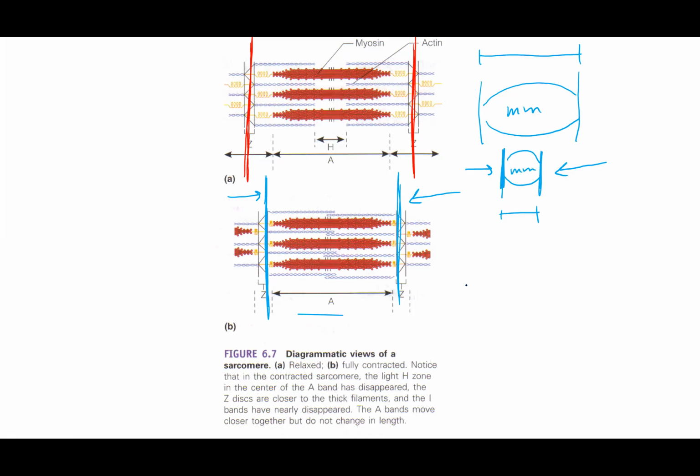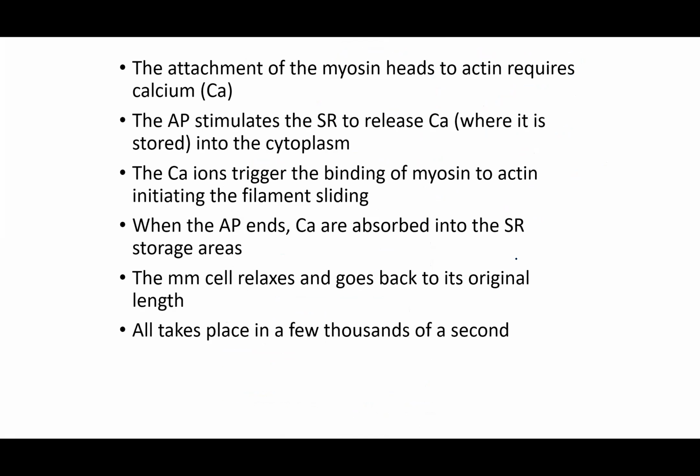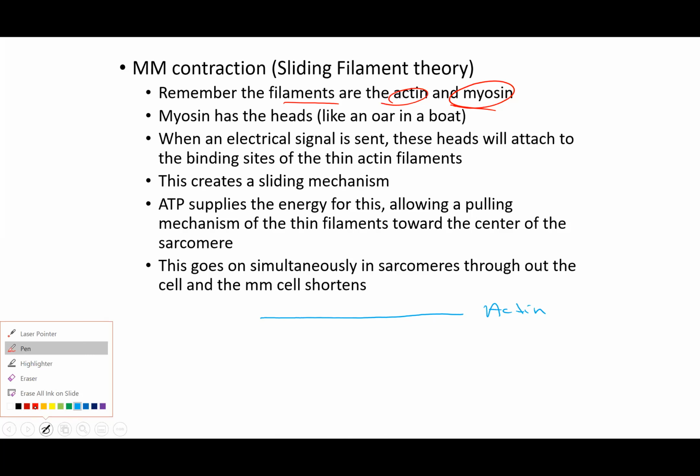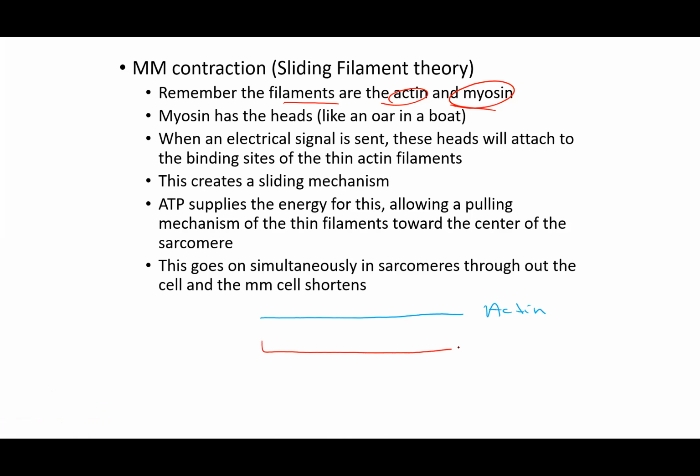So skeletal muscle always contracts and gets shorter in length. And so this is your sliding filament theory. All right, so there's the actin. There's the myosin.